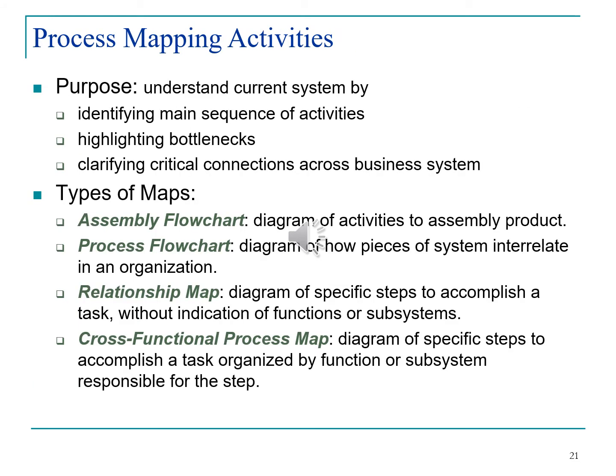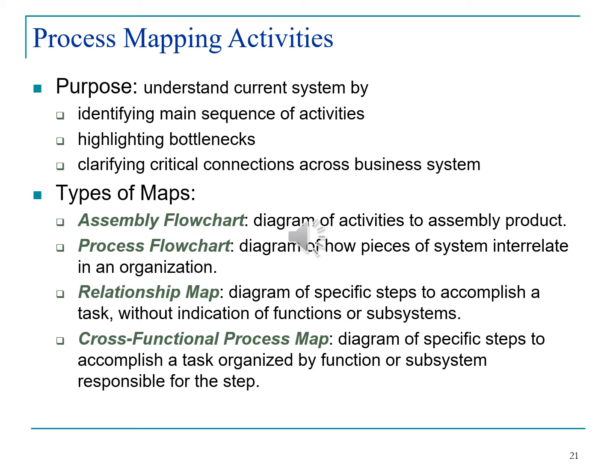So the purpose of process mapping activities is to understand the current system by identifying the main sequence of activities, highlighting bottlenecks, and clarifying critical connections across business systems. There are multiple types of maps. For example, the assembly flowchart, which is a diagram of activities to assemble a product.